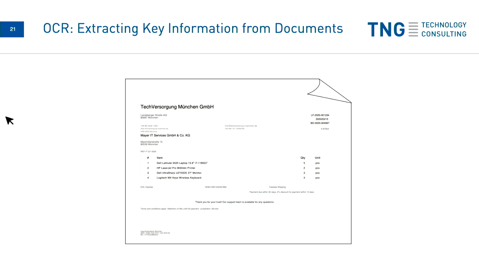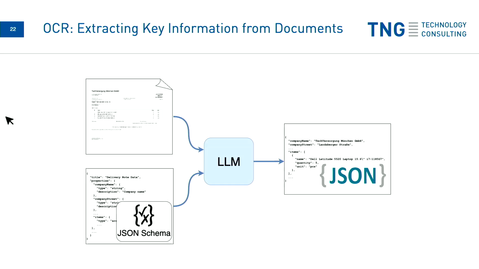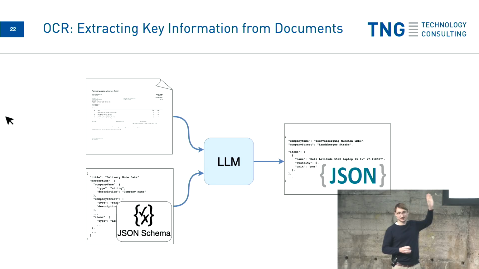So what we can do is specify a JSON schema, and in this JSON schema, we define what elements of this document we would like to get extracted. Then we pass the document to a visual language model together with the JSON schema, and ideally, we get the JSON, which tells us all of the addresses and the items and the other things that we would like to get extracted.